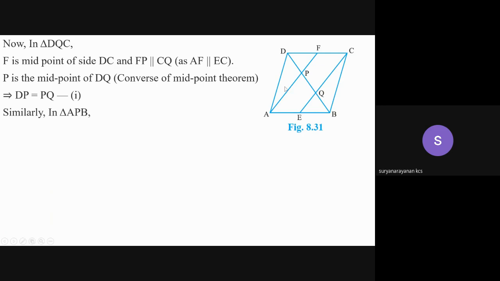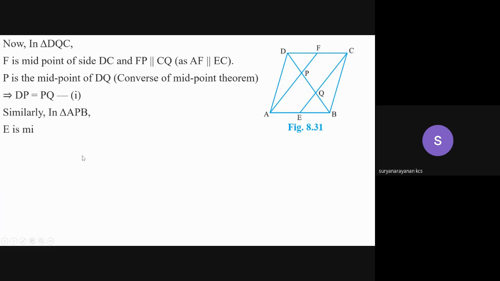Here E is the midpoint of side AB, and here EQ is parallel to AP. Yes or no? EQ is parallel to AP. Then we can say that PQ is equal to QB, by the converse of the midpoint theorem.